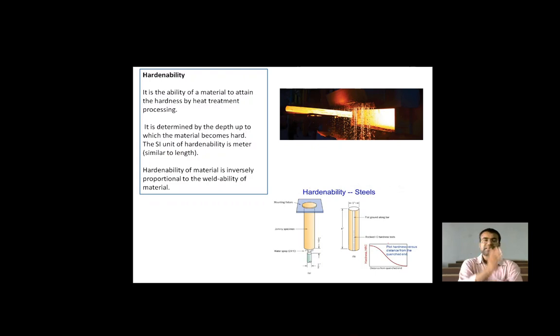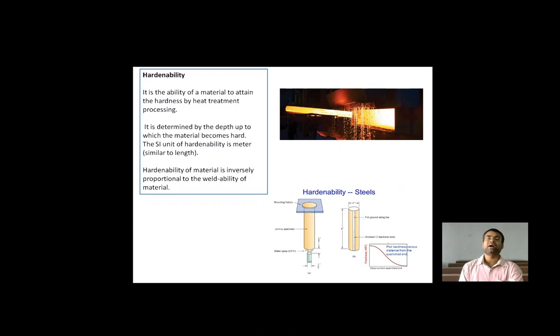As the material is heated, after the heat treatment it enhances its properties by changing its crystal structure, to regain its crystal structure, or you can say to rebuild its crystal structure to perform in various kinds of situations. So it is determined by the depth up to which the material becomes hard.